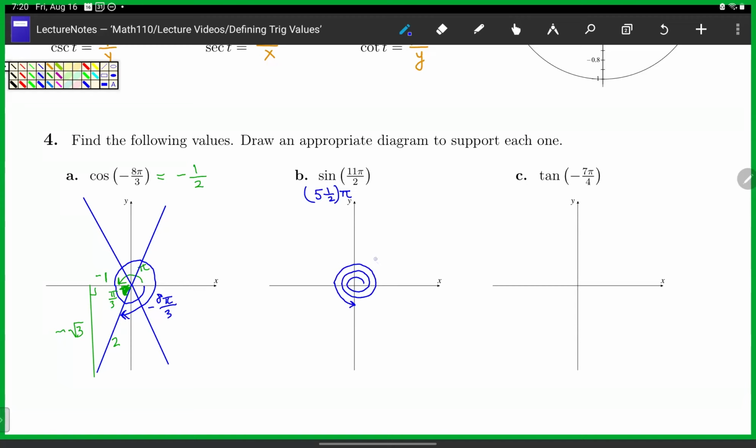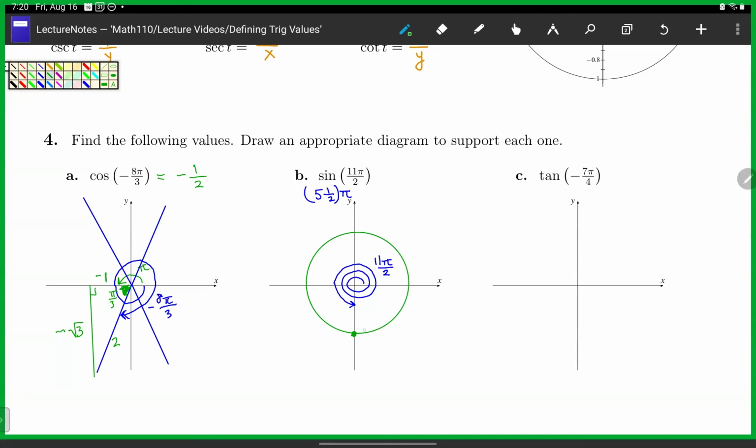So that is 11 pi over 2. And here, there's no triangle to draw, because if I draw perpendicular to the x-axis, then I've got one leg that is going to be kind of overlapping the hypotenuse. There's no actual triangle. So here it's actually easier to go with the unit circle.